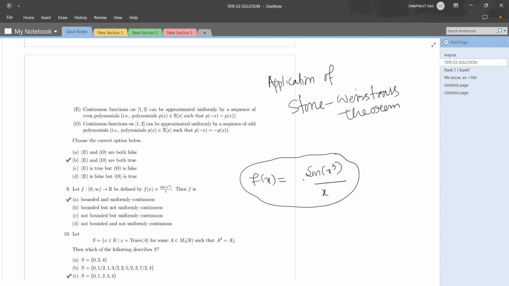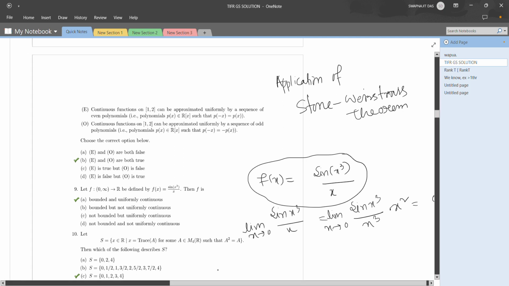But in case x is less than 1, sin x cube by x, limit x tends to 0, is the same as sin x cube by x cube times x square, right? So the limit as x tends to 0 is 0.